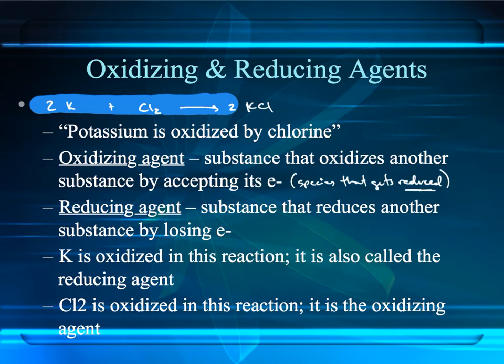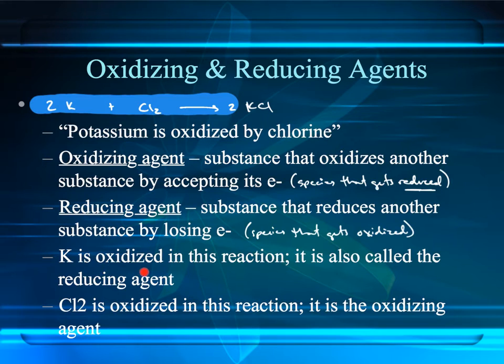And on the opposite side of things, the reducing agent is a substance that reduces another substance by losing electrons. This is the species that gets oxidized. So in this reaction up here, potassium went from 0 to +1.